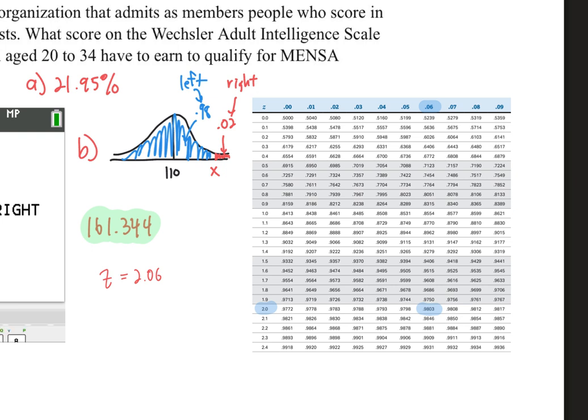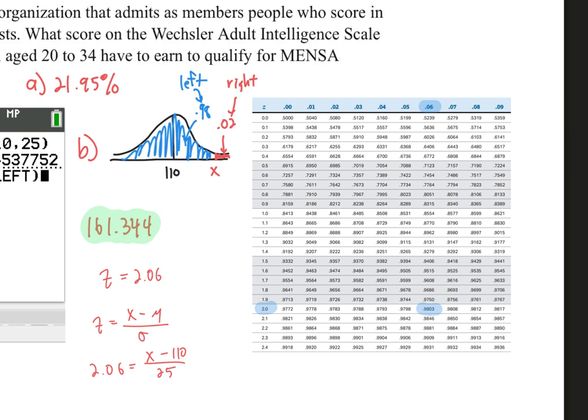Okay, and then now we'll use the formula. So z equals value minus mean over standard deviation. The z-score is 2.06 that we found just now. The value is what we're looking for. We know the mean and standard deviation. In the calculator, multiply both sides by 25.